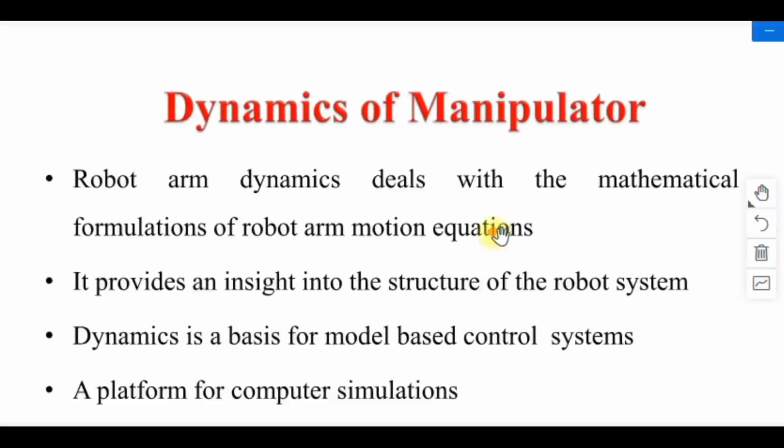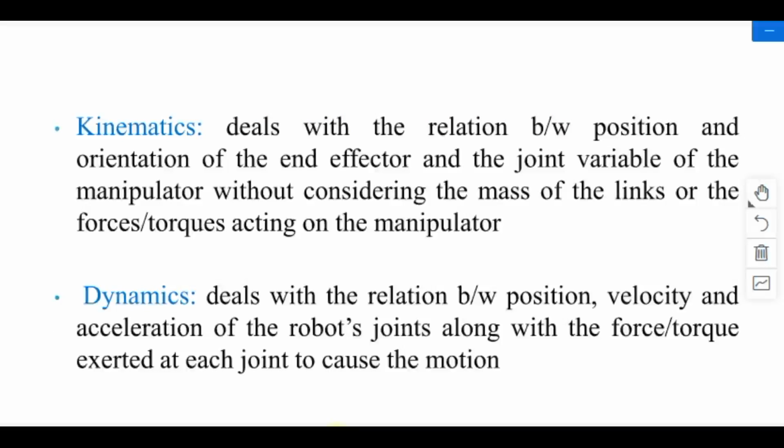Means you have to represent all robot arm equations, all links equation, related with position, acceleration and with force torque exerted at its joint.